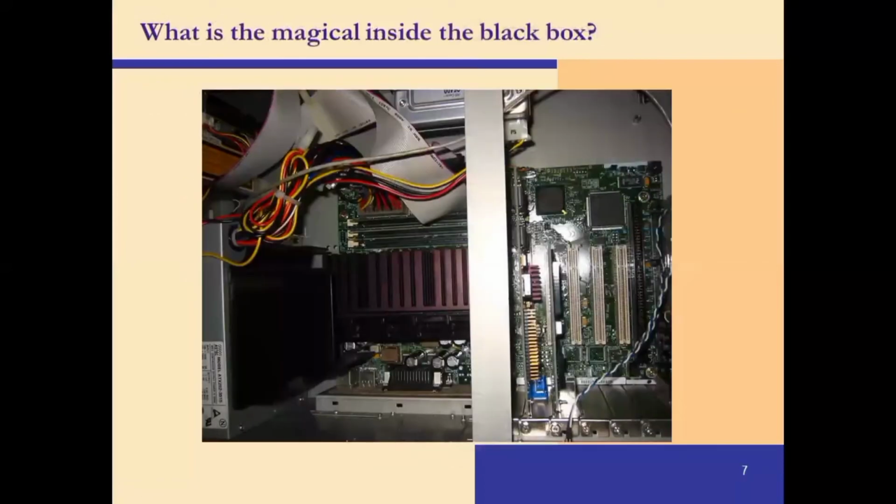Inside this black box, there are chips connected to one another so that the computer can perform different operations. First is the storage unit, that is the hard drive, where you can store your data, either in raw form or processed form. It is also called ROM.